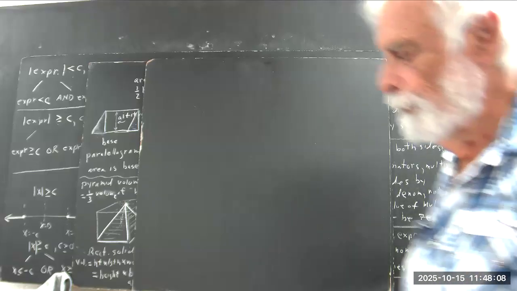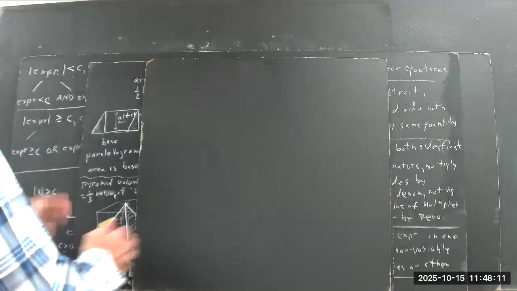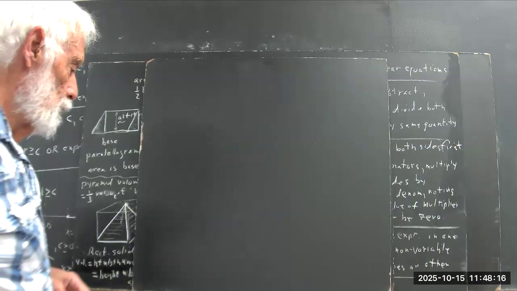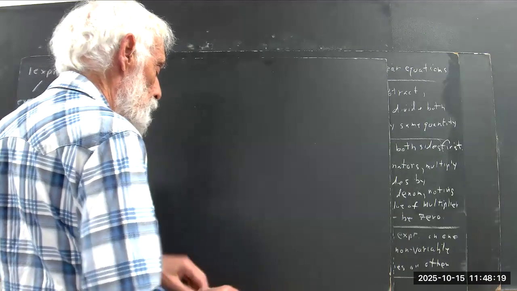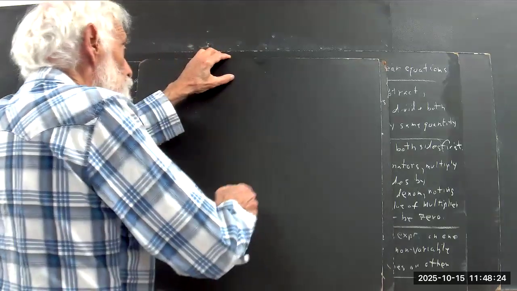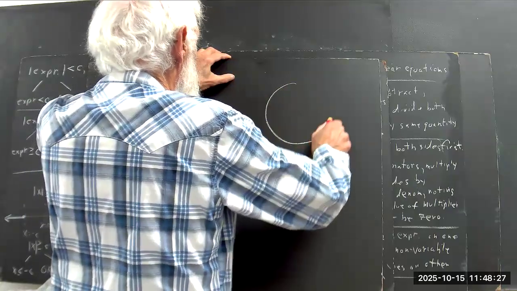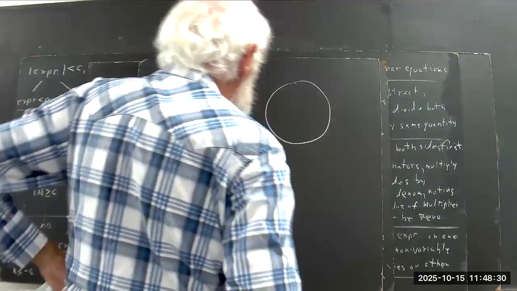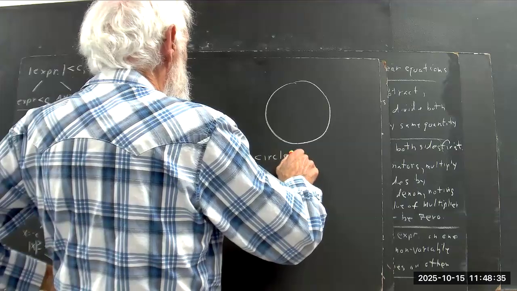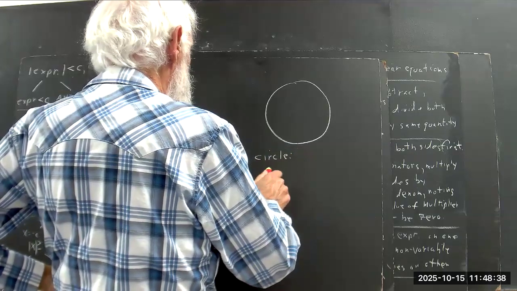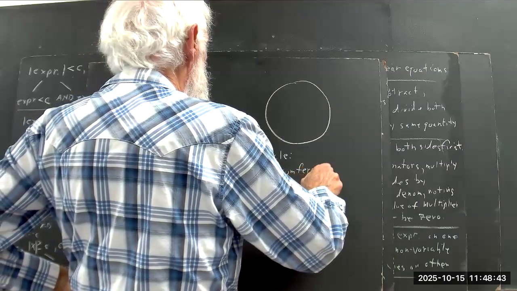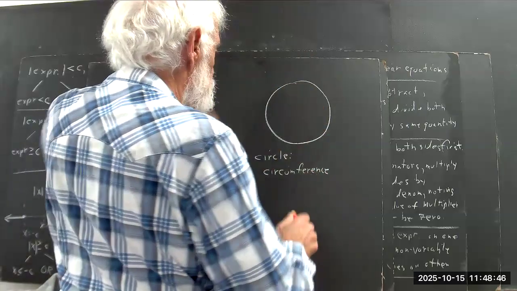Now, those kinds of shapes are important, and you see other shapes in your open math. And usually you're given a formula, but you want to have an idea what the formula means. It's a little harder to understand the formula for a circle. The circumference is the distance around it.